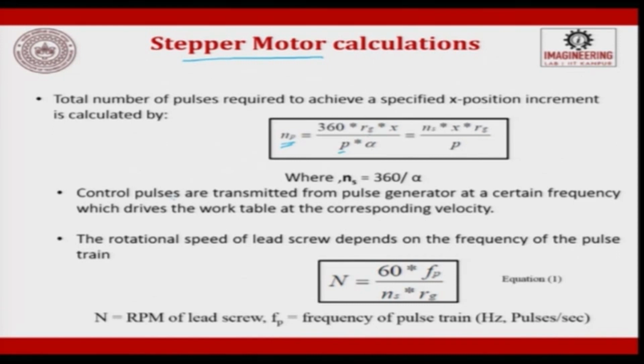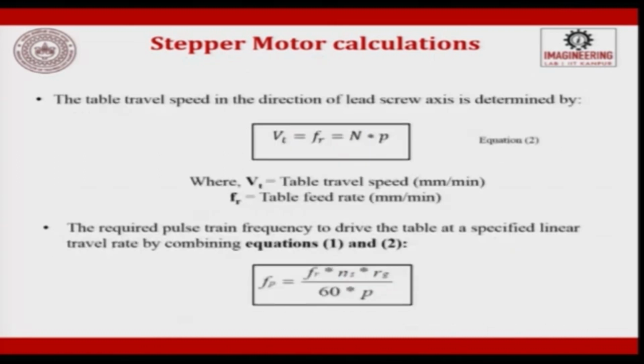The control pulses are transmitted from a pulse generator at a certain frequency, which drives the work table at a corresponding velocity. So, the rotation speed of a lead screw depends on the frequency of the pulse: N is 60 divided by Ns into Fp, the frequency, divided by the gear ratio. With this we can find out the RPM of the lead screw.